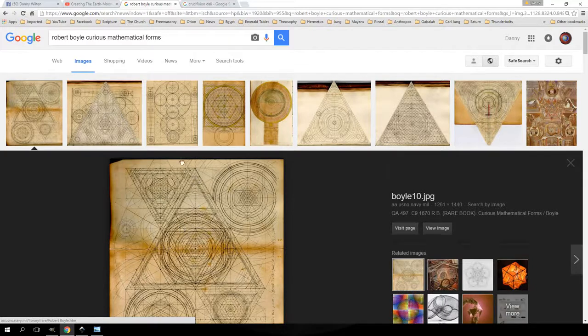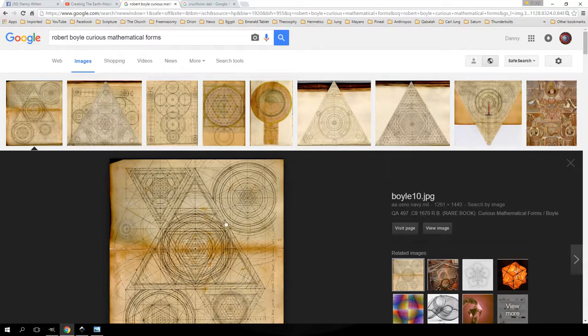You can't find this book, at least I haven't been able to, on the internet. The only place you can find pictures and pages of it is on the usnavy.mil site. So I jumped on there, and if you notice where it says rare book in capital letters. It's called Curious Mathematical Forms by Robert Boyle, and it was done in 1670.